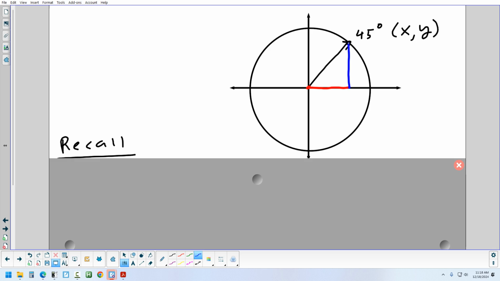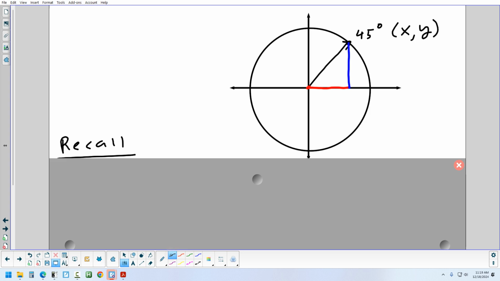How far to the right that we go is going to be which value in the coordinate? X. Yeah, that's the x. And how far up is the y. Yep. So basically, we're going to be working with what shape in that picture? A right triangle. So the goal is to figure out the base and the height of the right triangle, and that is my x and my y.